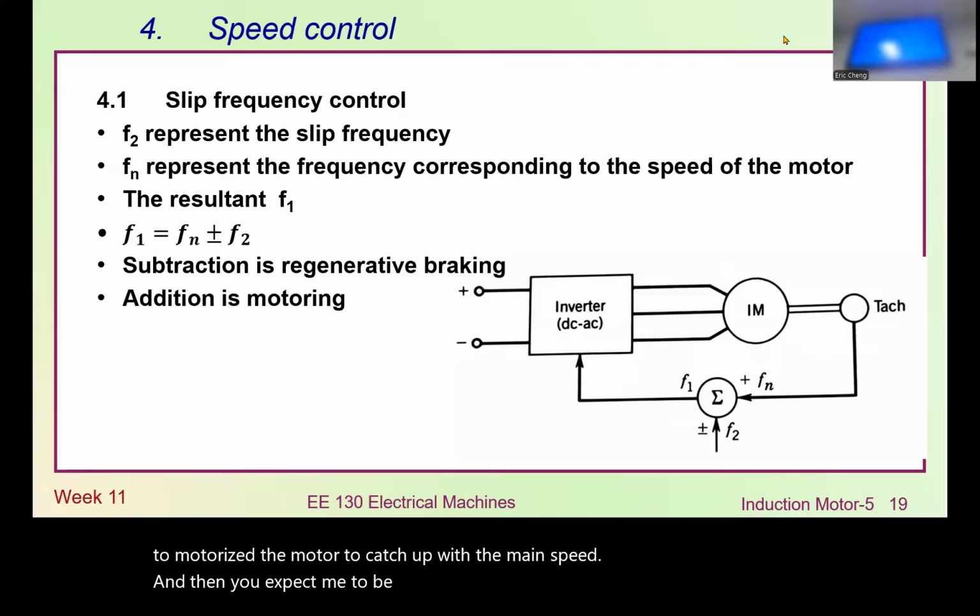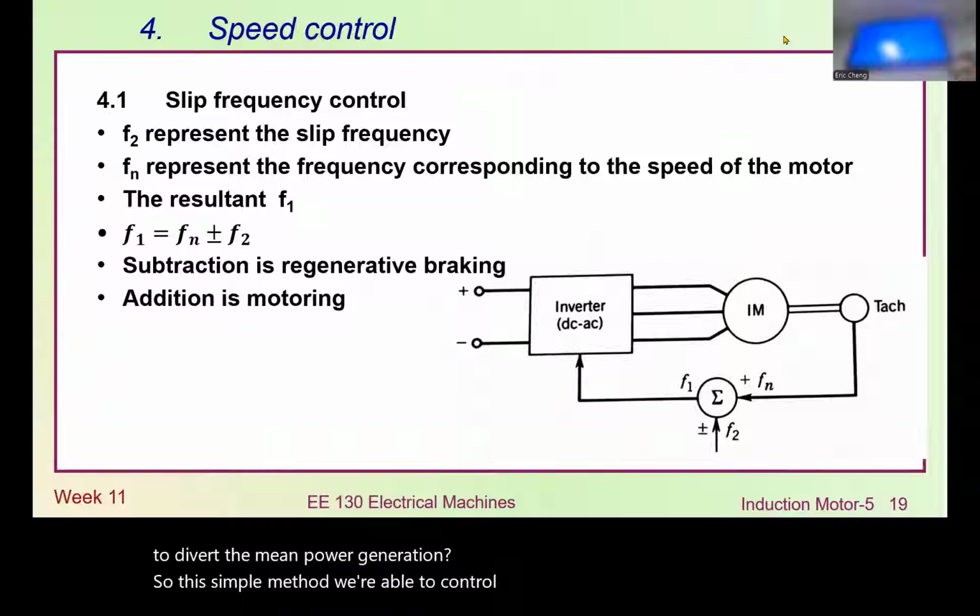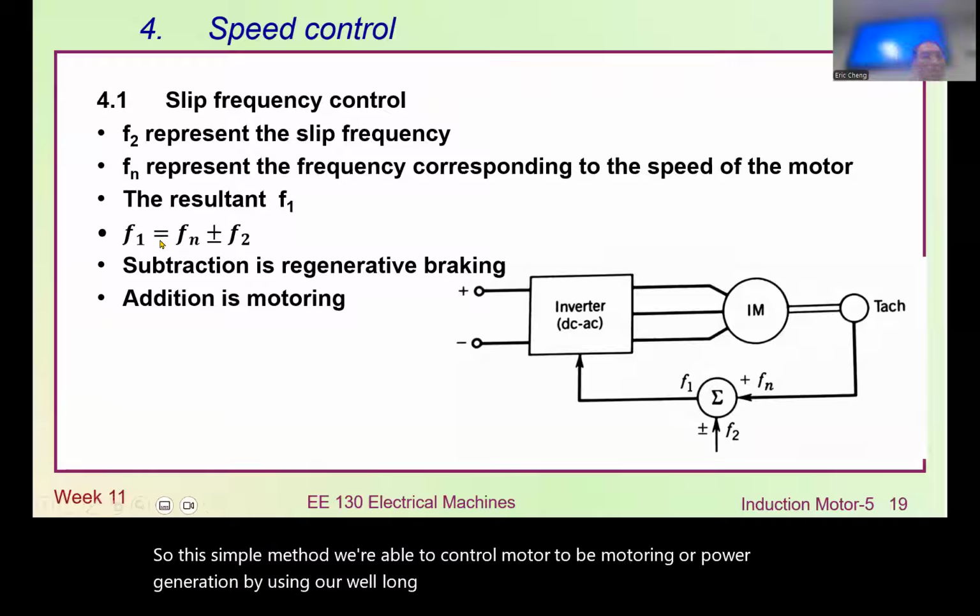So there's a lot of theory behind how to develop wind power generation. Of course, that will be another topic. With this simple method, we are able to control a motor to be motoring or power generation by using our well-known equation of this one.